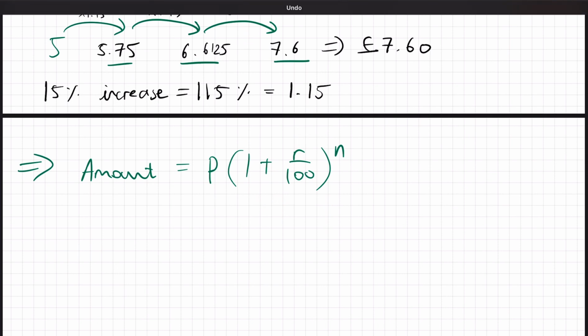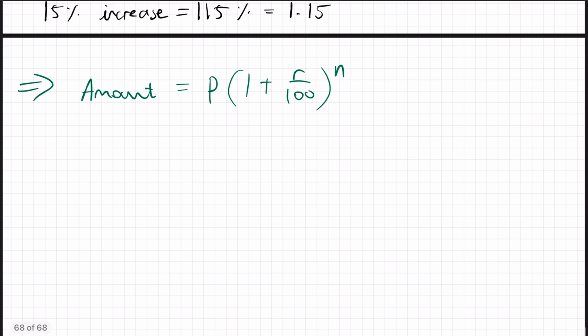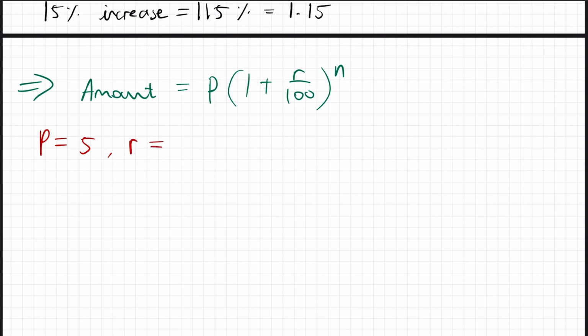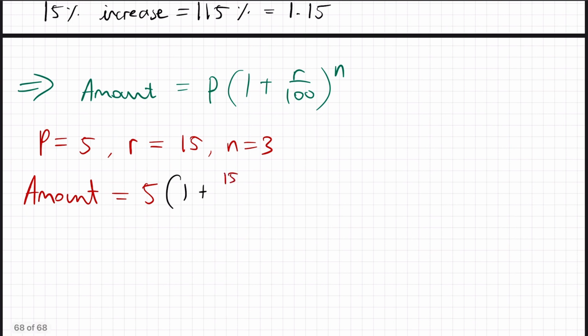So now we can use this formula for our question. P is 5, R is 15, and N is 3. Then we can just work out the amount is going to be 5 multiplied by (1 plus 15 over 100) to the power of 3.